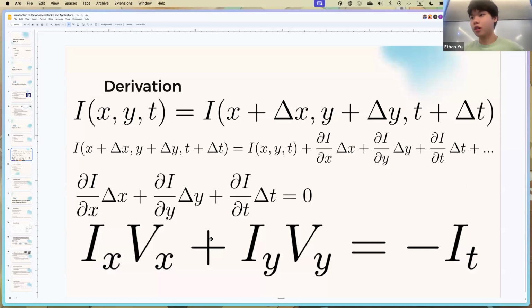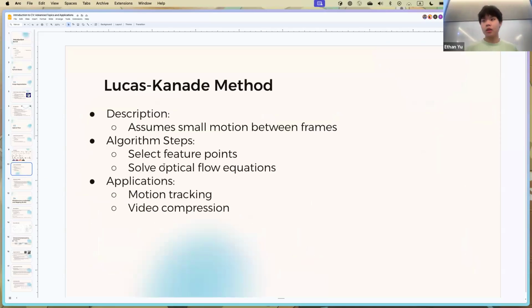Put that in mind. So Lucas-Kanade is basically an extension of this idea. Very simple. Does someone want to guess? Let's say we want to select feature points. What would we use to select feature points or key points? Yeah, sure. Do you remember what it's called? I think it's called BRIEF or something.